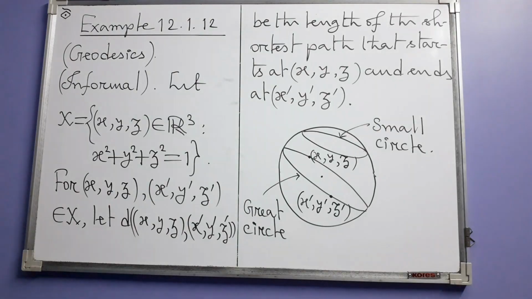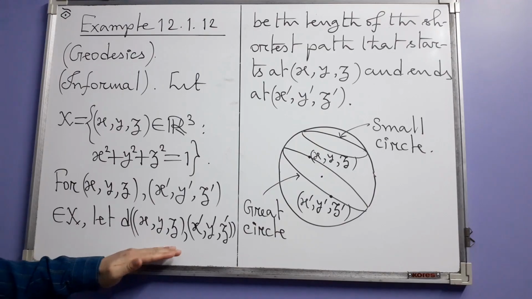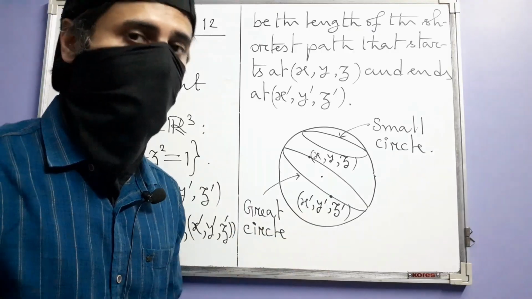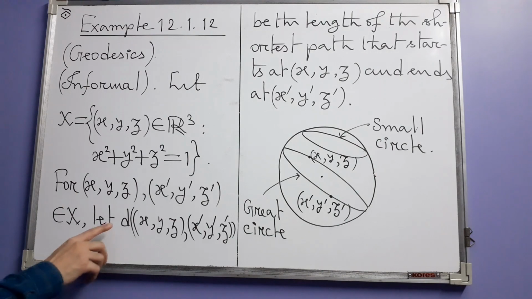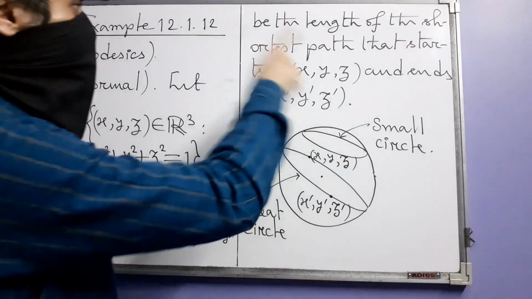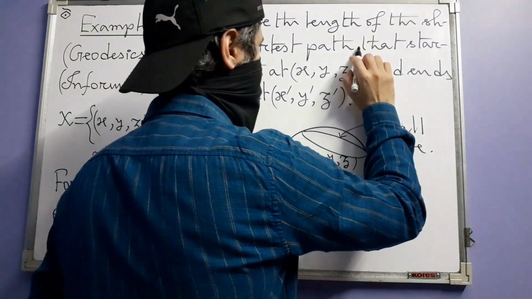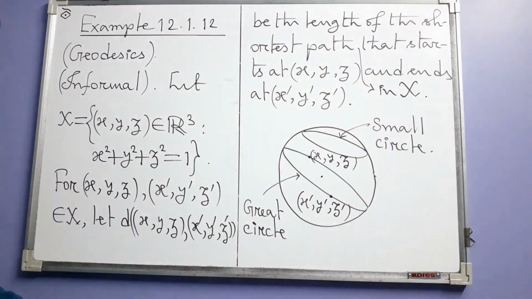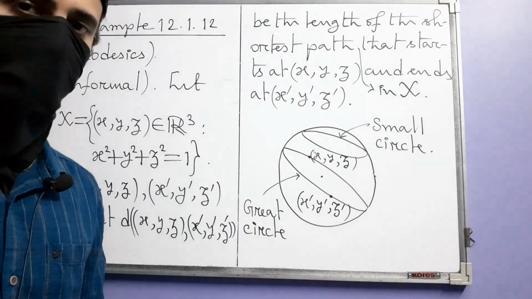Now the distance that we measure between these two points is not the straight line distance that we usually measure when we think of distance in 3-dimensional space. Instead, here the distance between these two points is considered to be the length of the shortest path in X that starts at this and ends at this point.